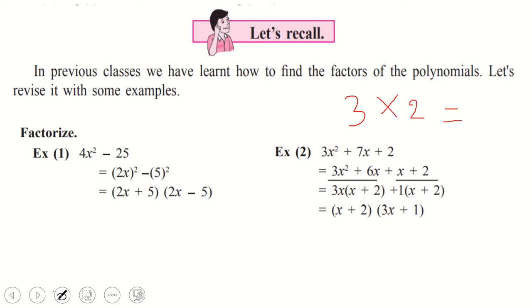So 3 into 2, what did I get? 6. Can you see I got 6? Now this 6 I will split in such a way that the multiplication should be 6 and the addition should be 7. See the middle term here, this 7. So addition should be 7 and multiplication should be 6. So these numbers are 6 and 1. So I got the two numbers.